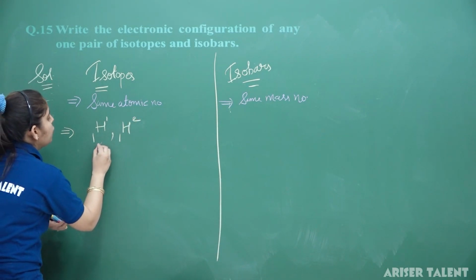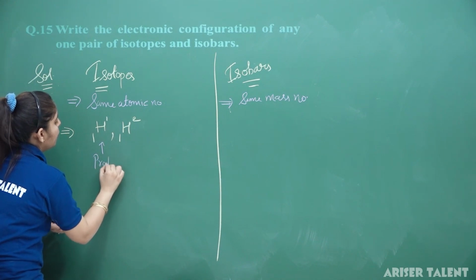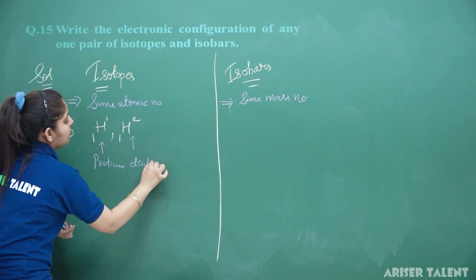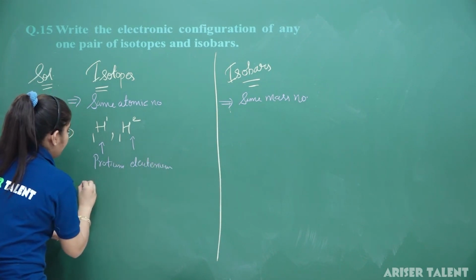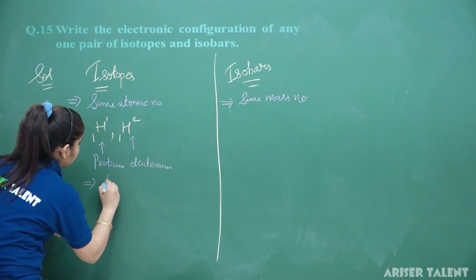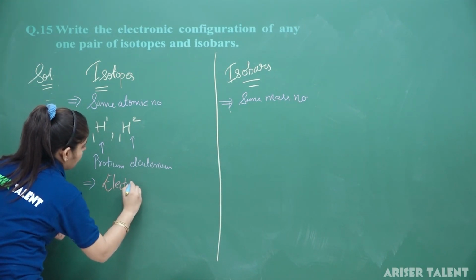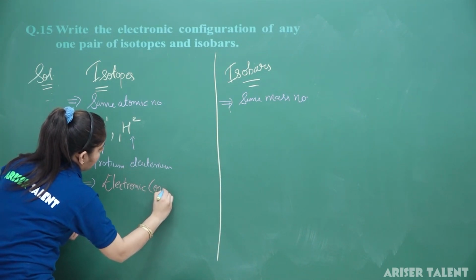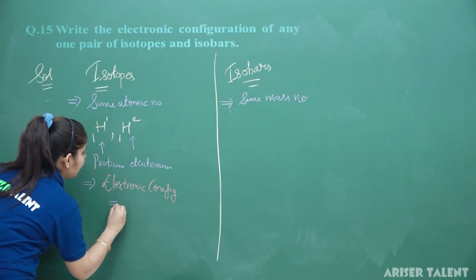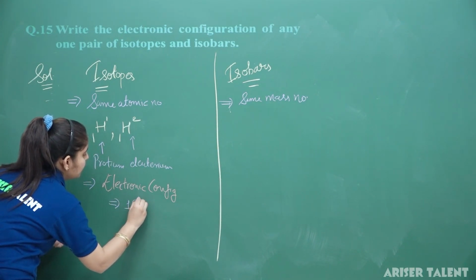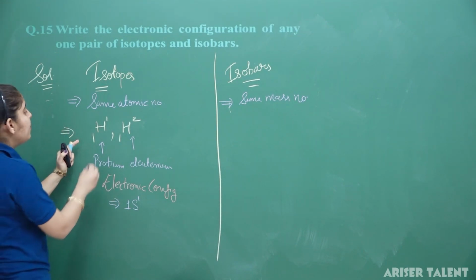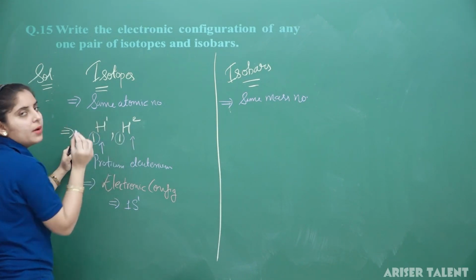So these are actually the isotopes of hydrogen. Now we want to write the electronic configuration for this. So the electronic configuration for both the cases will be 1s1, because the number of protons is 1.